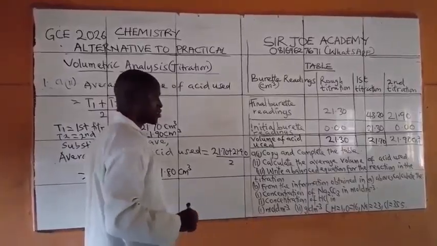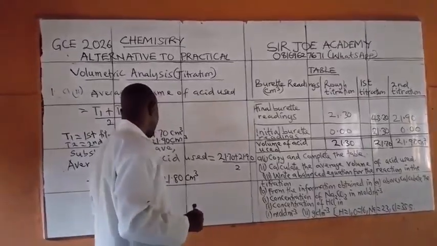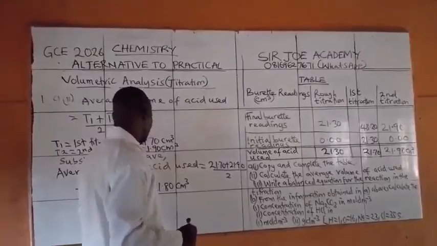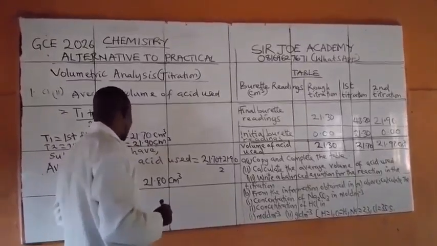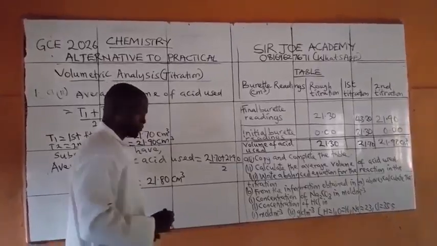That's using two decimal places after 21. So we have 21.80 centimeter cube.